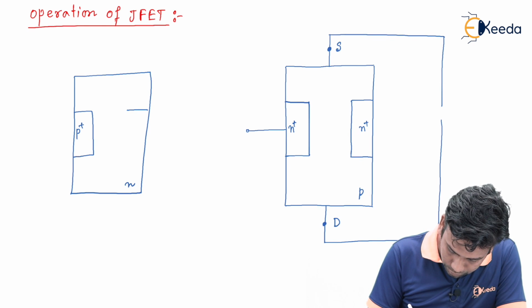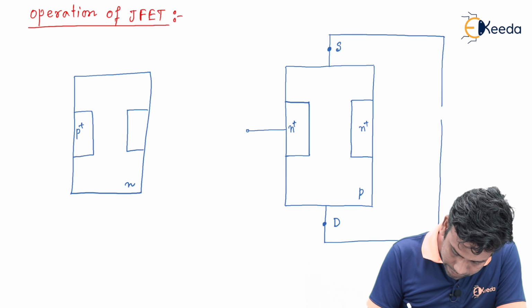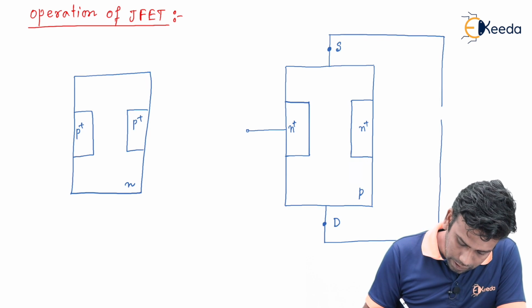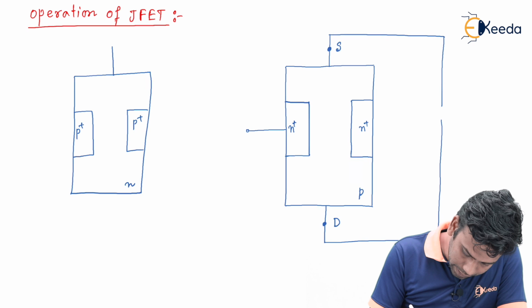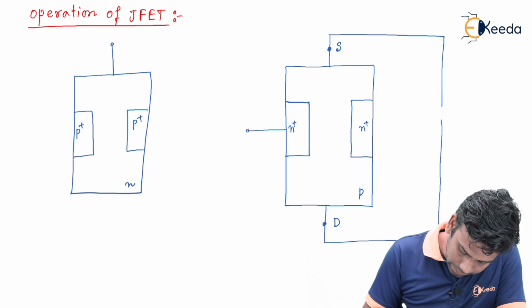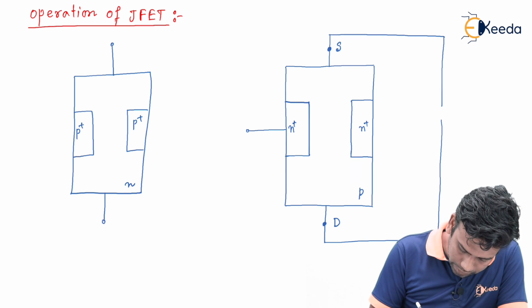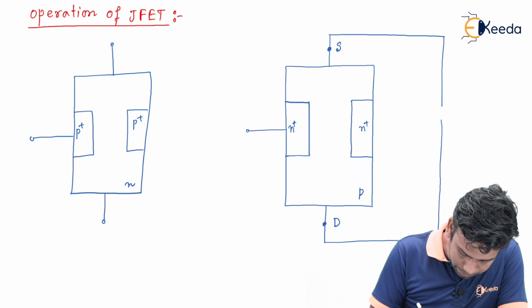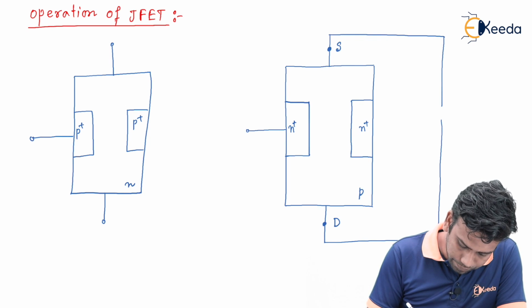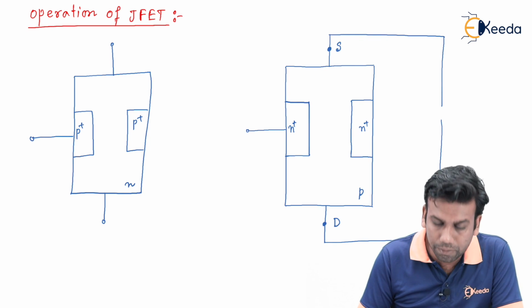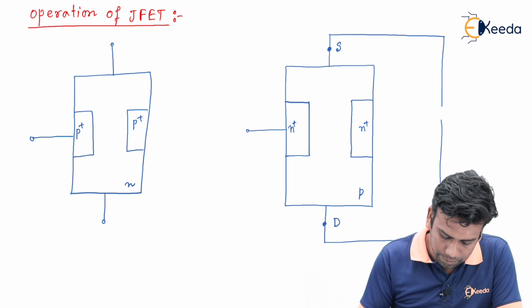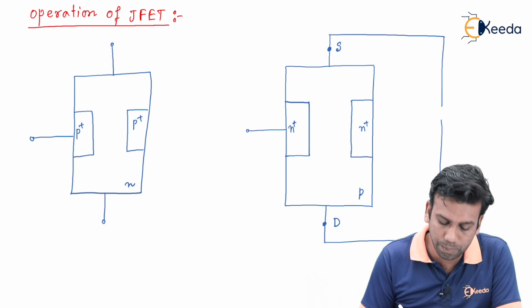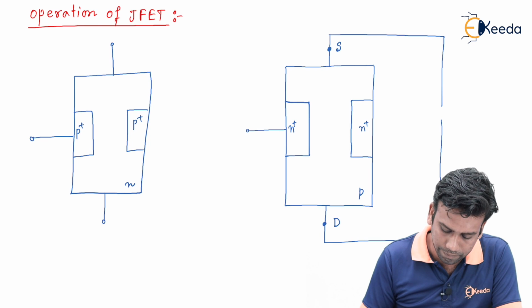Another region will be doped here, P plus, and here will be one terminal, another terminal will be here, and there will be another terminal at the P plus region. So there are three terminals right now, and it is an N channel because the channel in between the two doped regions is of N type.